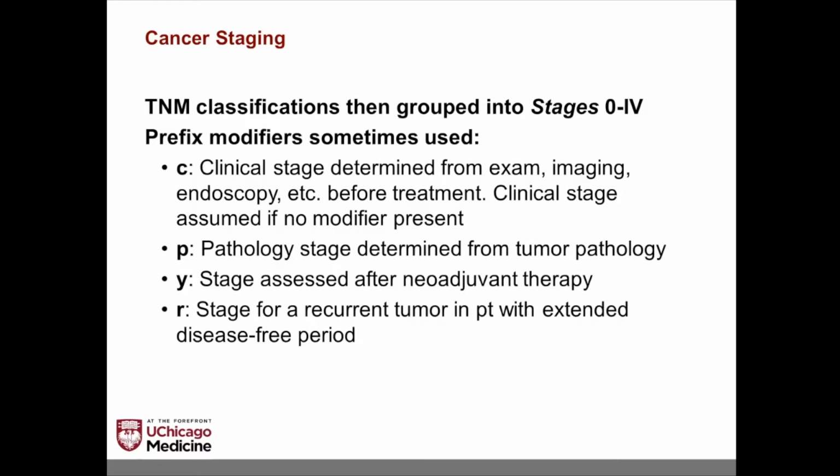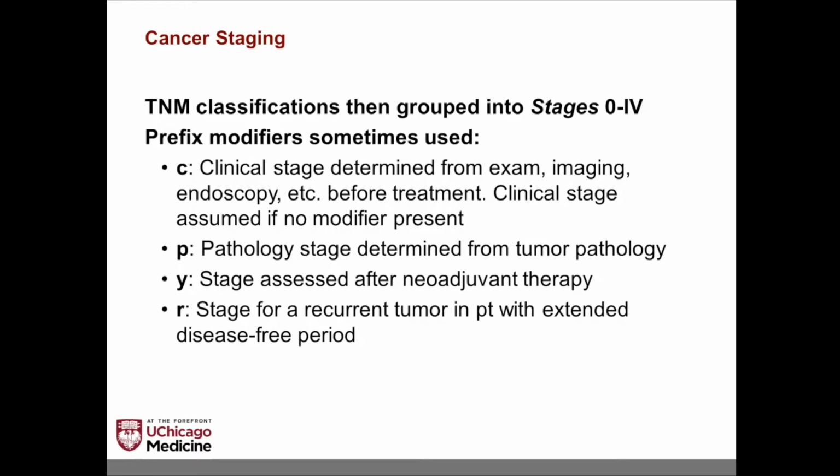That's distinct from the final stage after definitive therapy with a surgical approach, where our pathologic colleagues can assign cell-specific modifiers directly from the microscopic evaluation of that sample. So that would be a p stage. That's typically after the treatment, although it depends on cancer to cancer. The y, if it's a y or a yp, that would be a stage after a neoadjuvant therapy, and an r would be recurrent.